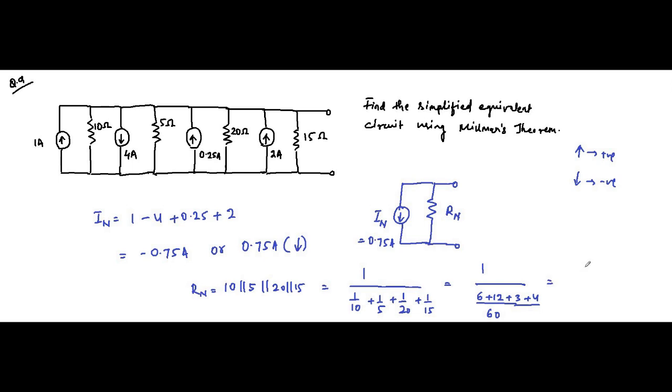So it is 60 by 25, which equals 2.4 ohm. So RN is equal to 2.4 ohm. This is the simplified Norton equivalent circuit for this circuit diagram.